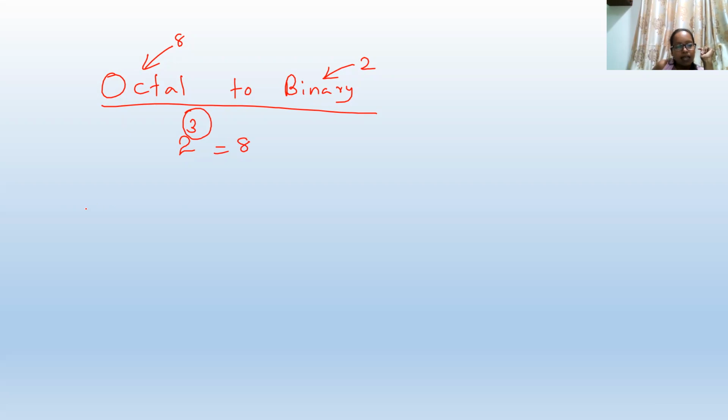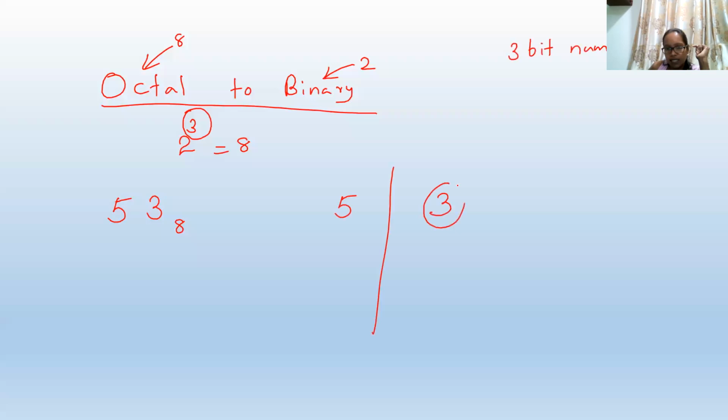Let's take an example, say 5 3. This is in octal. You have to convert this into binary. So expand the number this way and separate by a line. Now each of these digits you have to write as a 3-bit binary number.